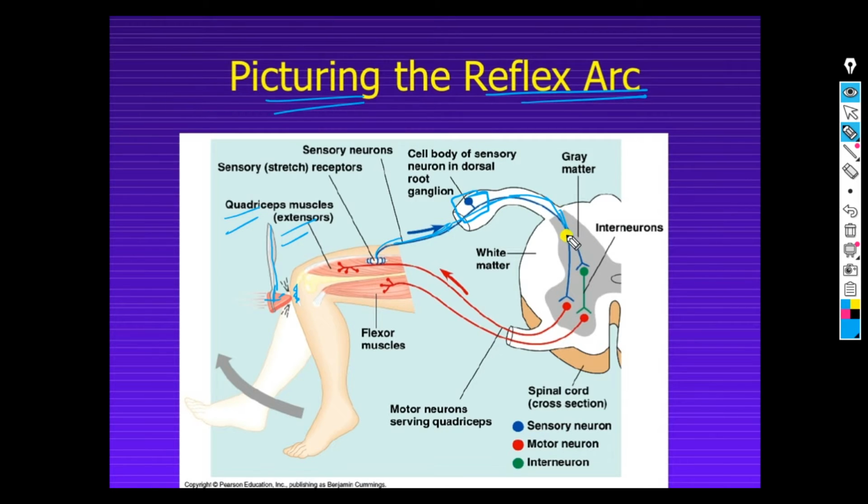It reaches the gray matter, and some have an interneuron between sensory and motor neurons, some don't. The motor neurons transmit the impulses through the ventral root to the quadriceps muscle extensor.